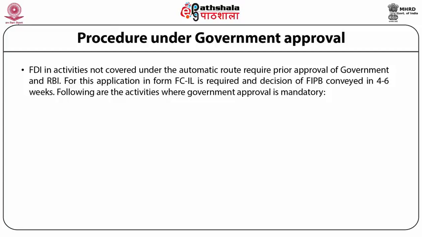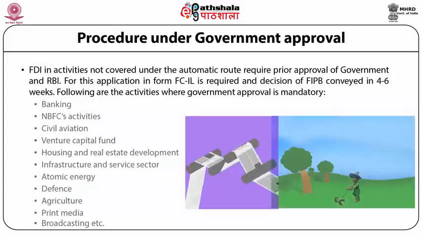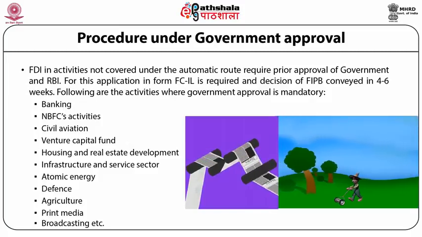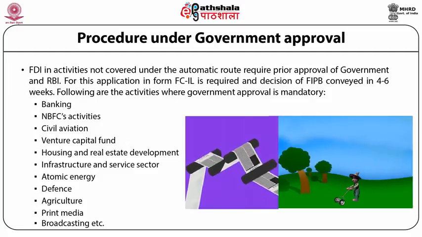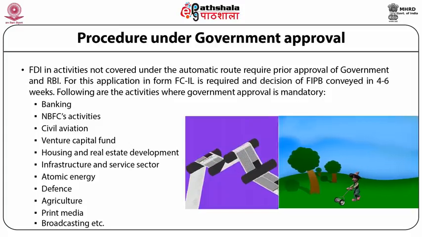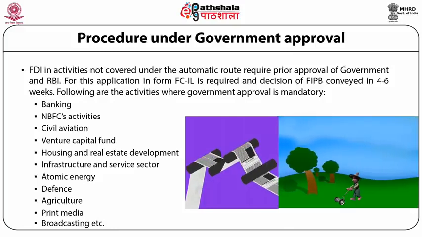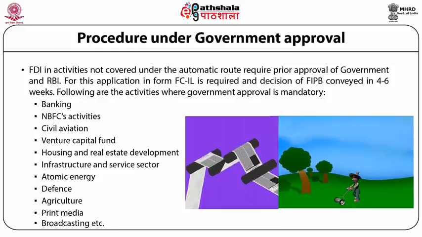Following are the activities where government approval is mandatory: banking, NBFC activities, civil aviation, venture capital funds, housing and real estate development, infrastructure and service sector, atomic energy, defense, agriculture, print media, broadcasting, etc.